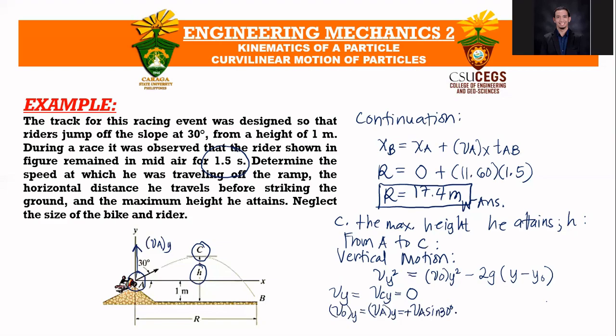So that would be equal to the velocity at A, which was 13.39, times sine 30 degrees, which is equal to 6.70 meters per second.